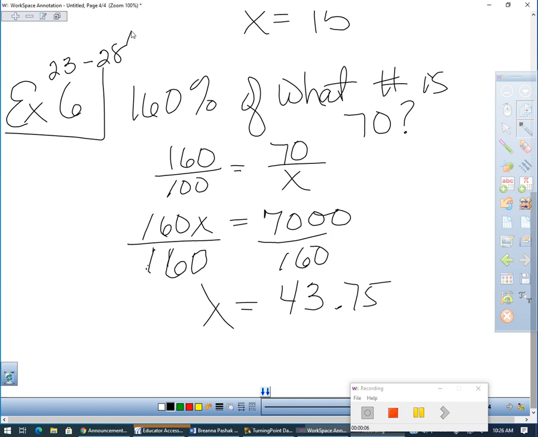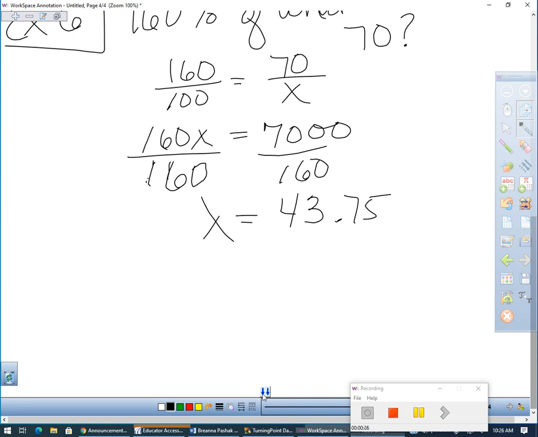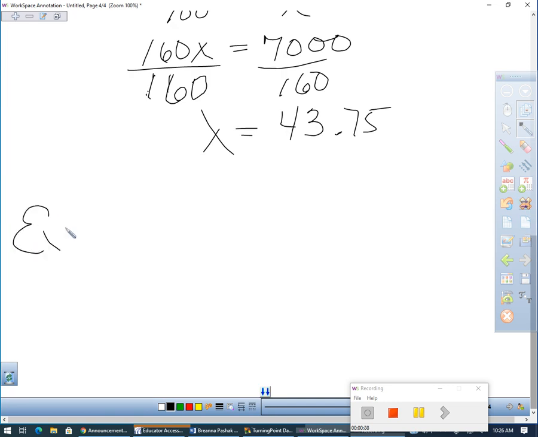Okay, here's example number 7. On example number 7, this will help you with 21 and 22.